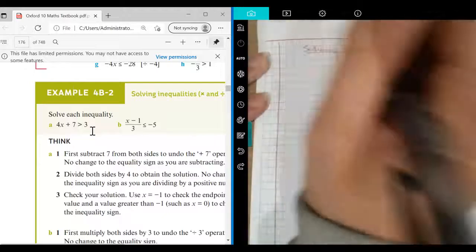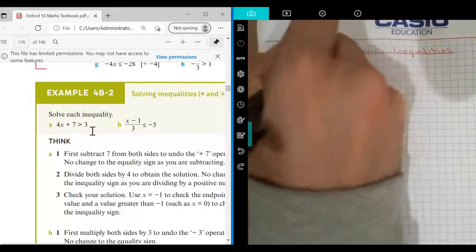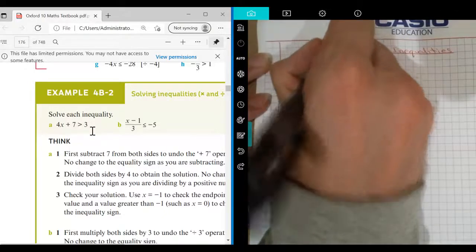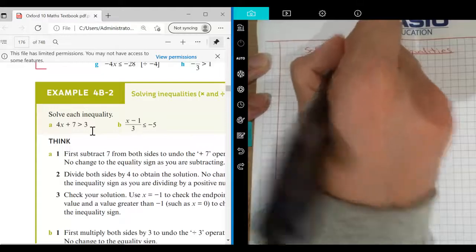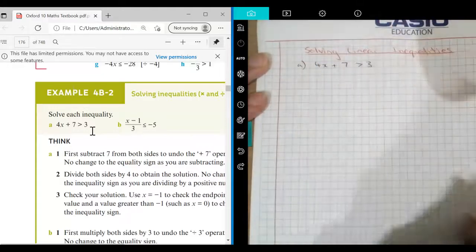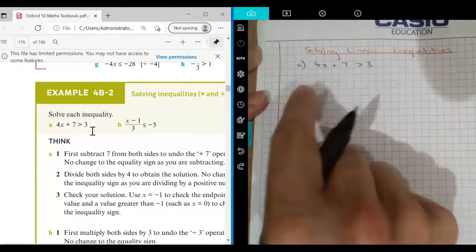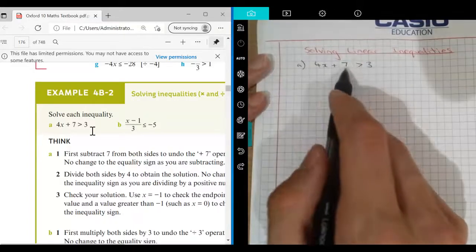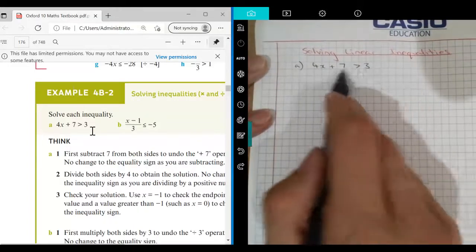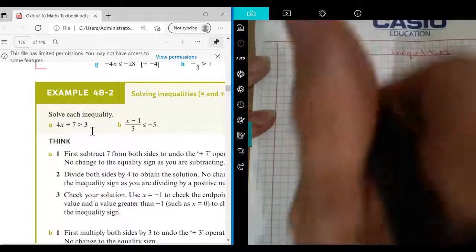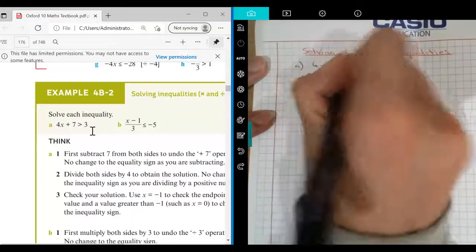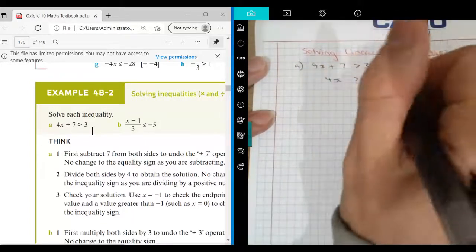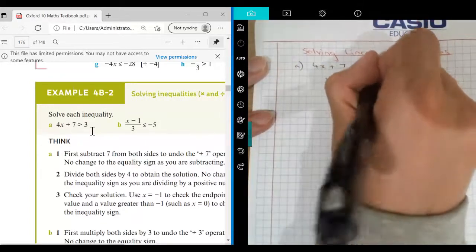So if I have 4x plus 7 is greater than 3, I'm trying to solve for all my values of x which satisfy this. As we did when solving linear equations, we subtract 7 from both sides. So 4x would be greater than negative 4.